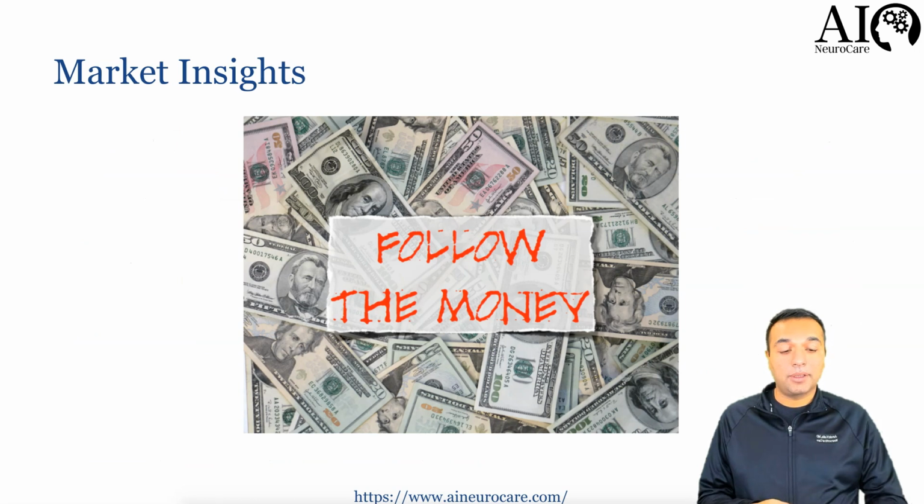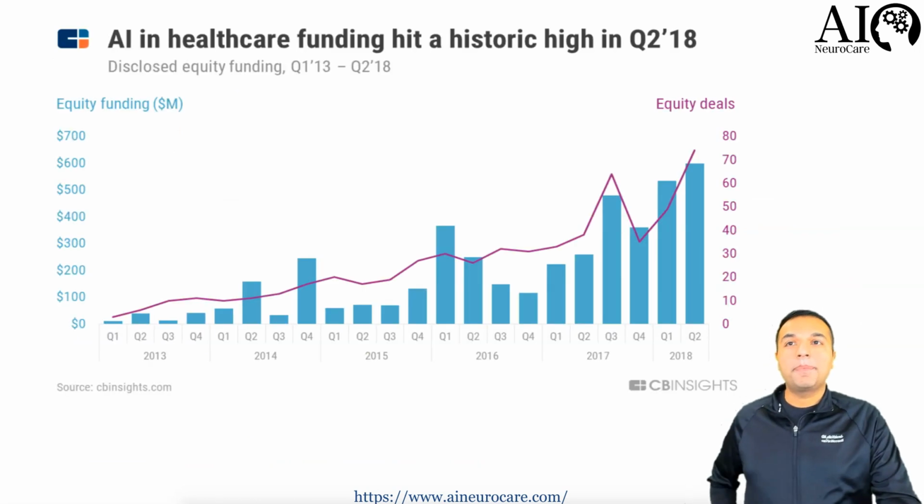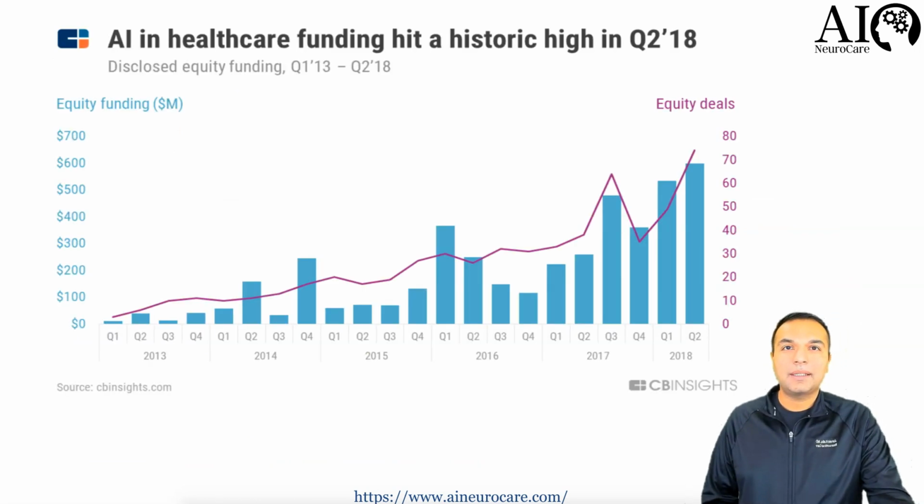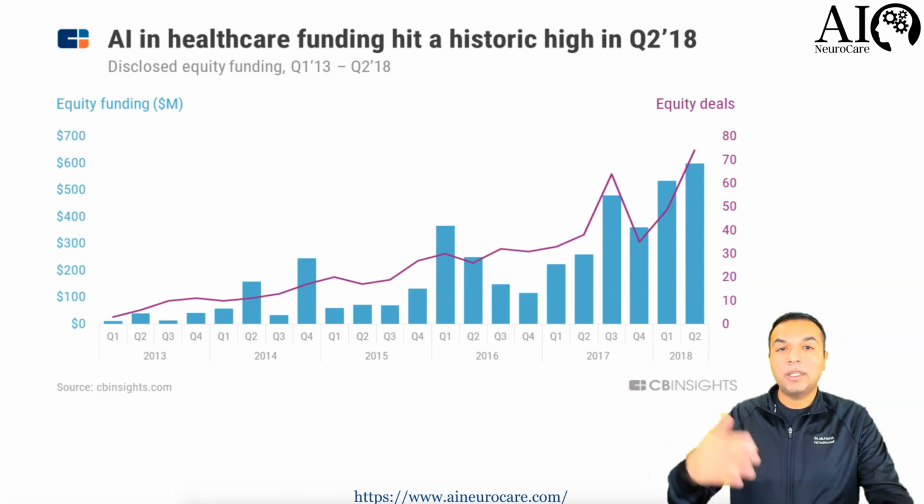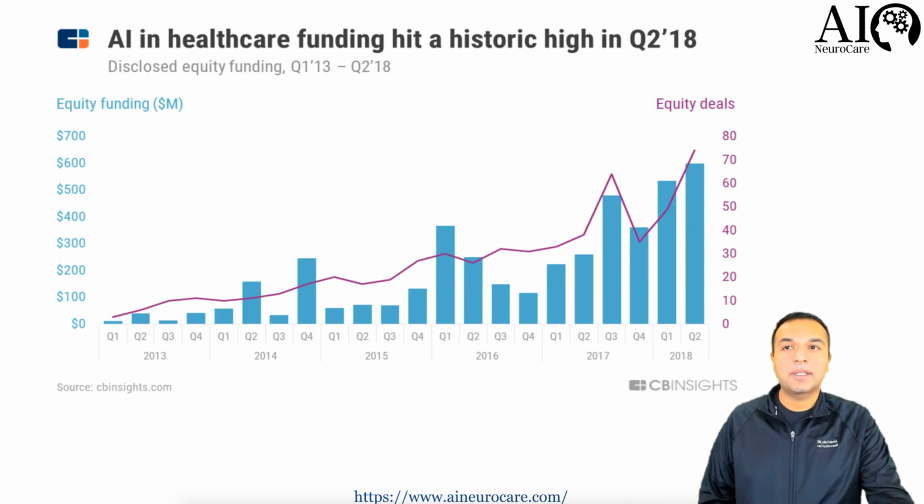Market insights, follow the money as usual. This is from CB Insights. We're looking at how the amount of money going into healthcare AI has been increasing over time. Currently, it's about $7 billion.